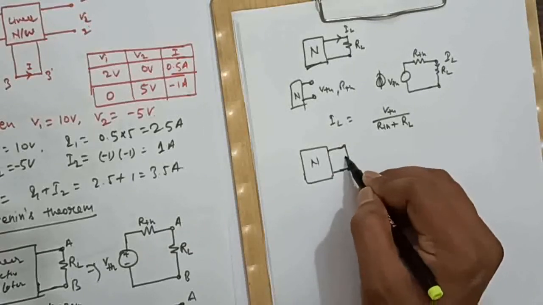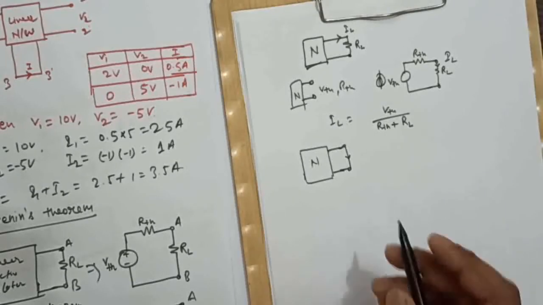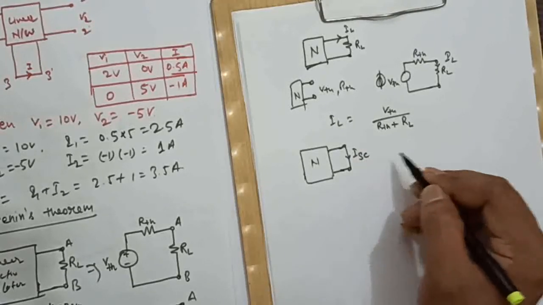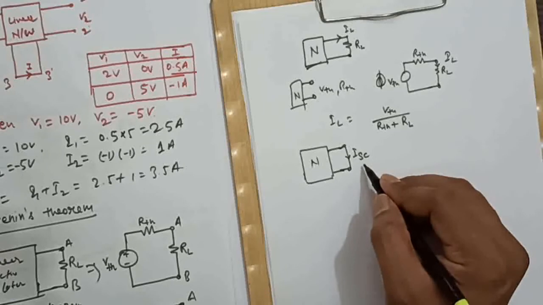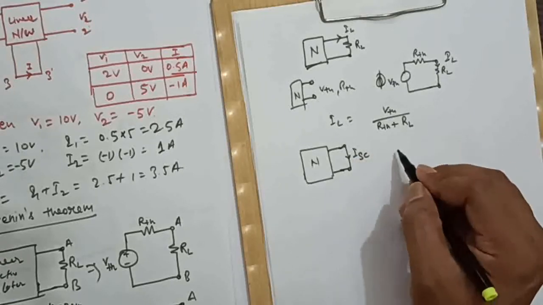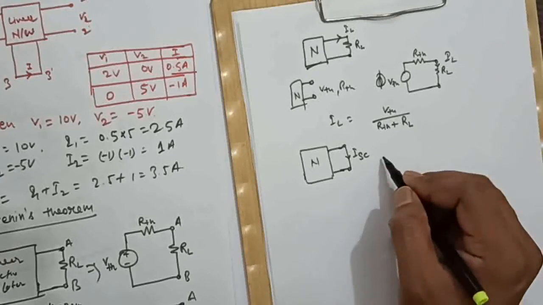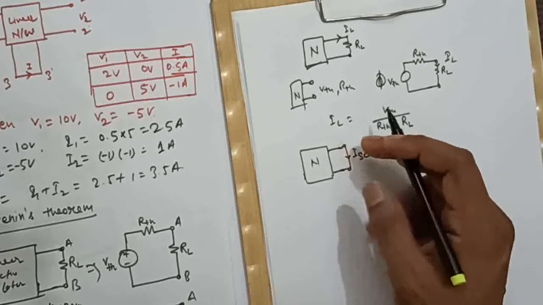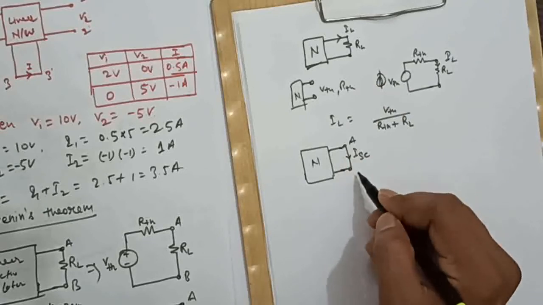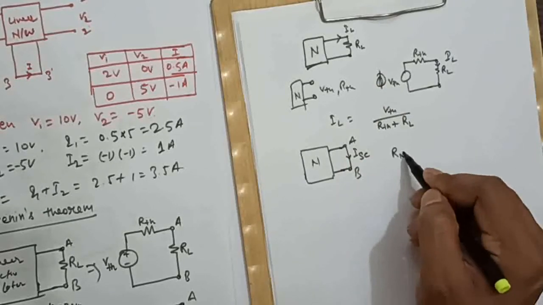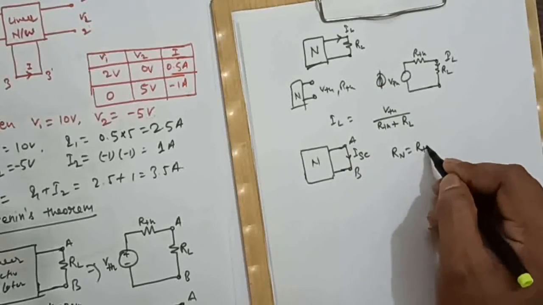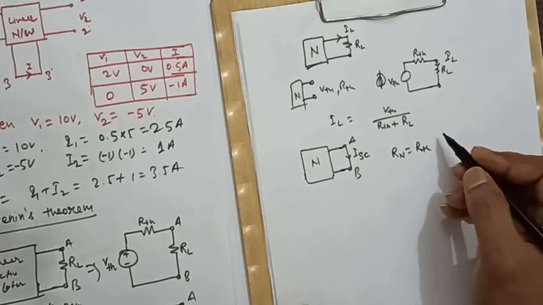We will short this and find this short-circuited current ISC. After finding this ISC, we will find the equivalent resistance seen from these two terminals A and B. Let us say this will be Rn. Rn will be nothing but the RTH.